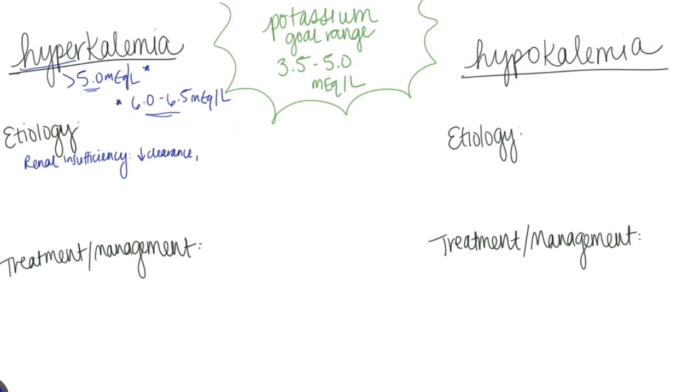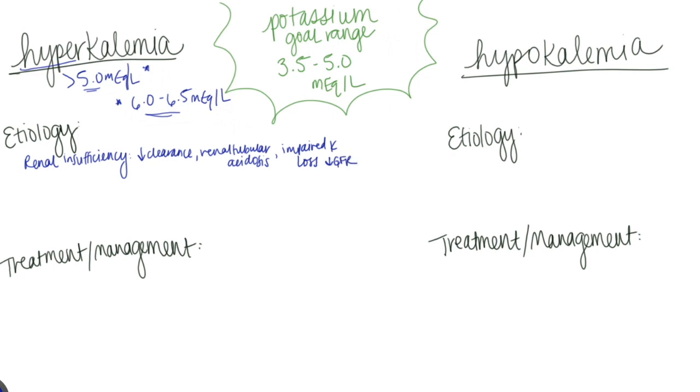We also see considerations for hyperkalemia taking place with renal tubular acidosis. We can also see instances of impaired potassium loss, and sometimes that can be from medications that are chosen or in general from a reduced GFR.